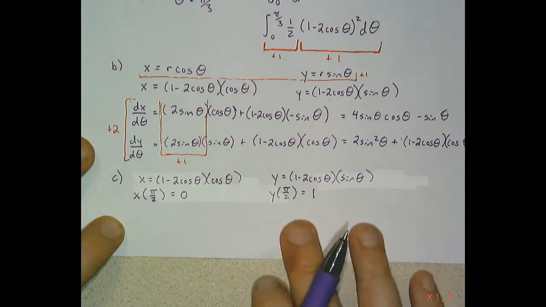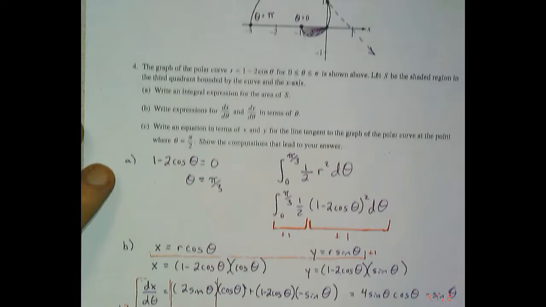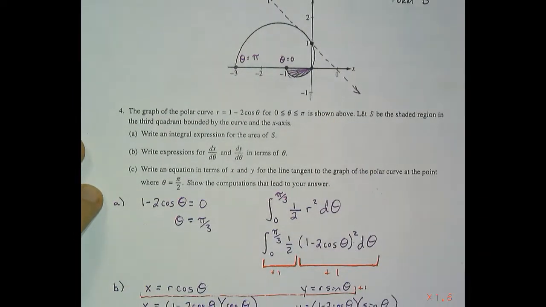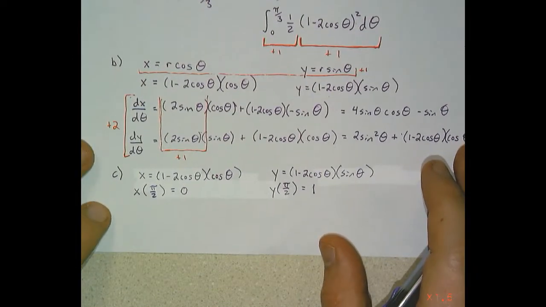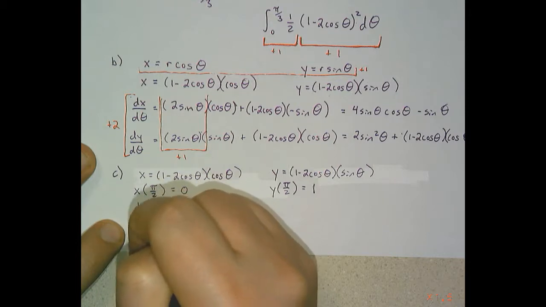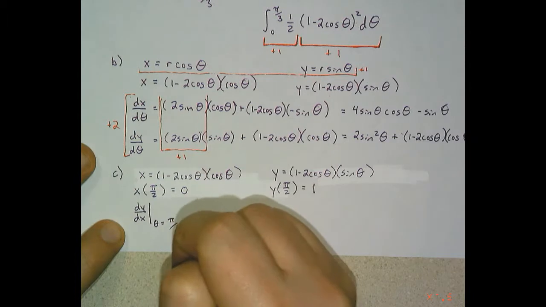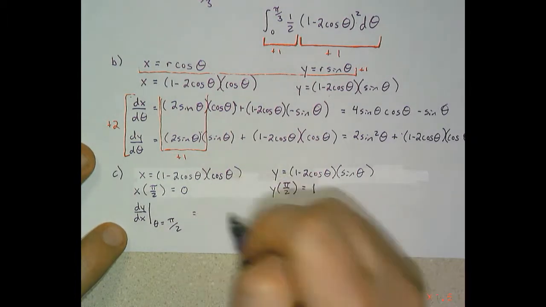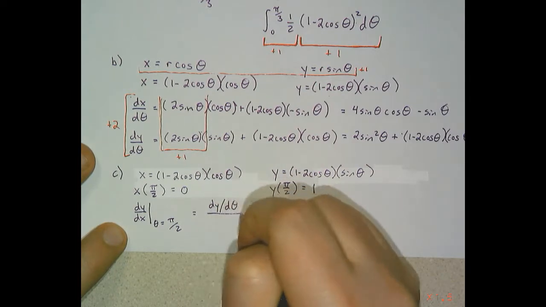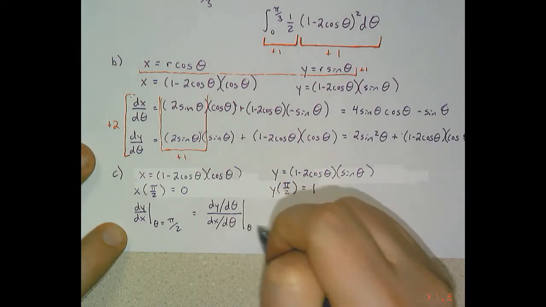And that's visually consistent with our graph. We see x is 0 and y is 1. 0, 1 puts us right there. The next thing we need to create a tangent line equation is to find the slope. So we're being asked to find dy dx when theta equals pi halves, and this is the same as evaluating dy d theta over dx d theta when theta is pi halves.